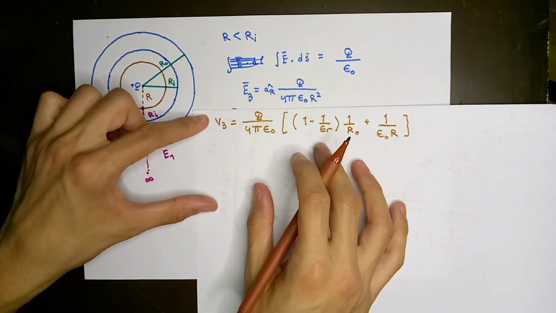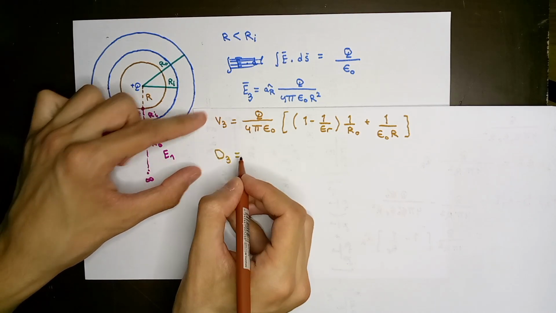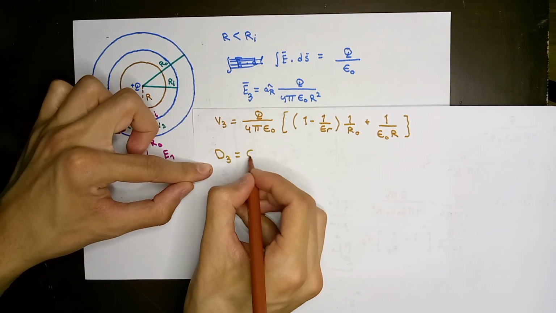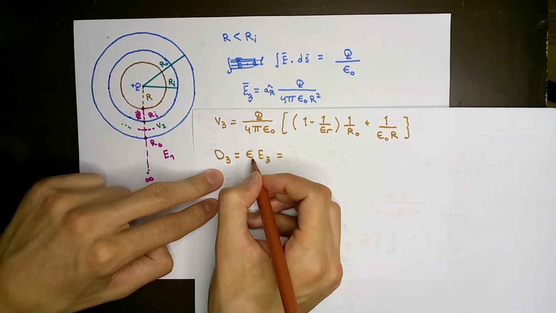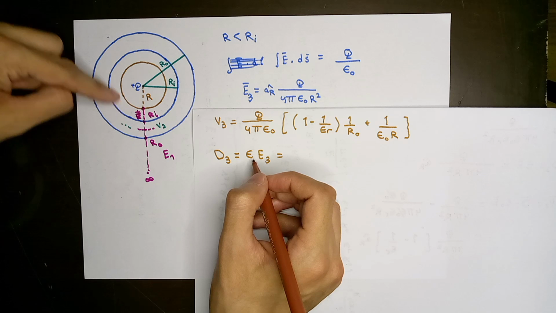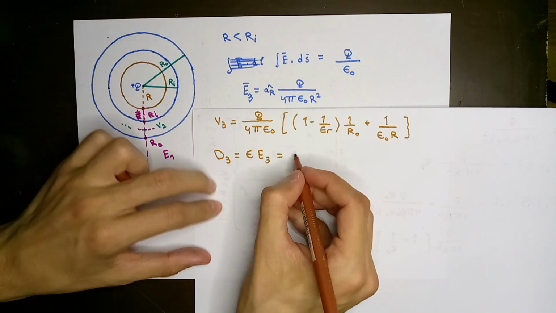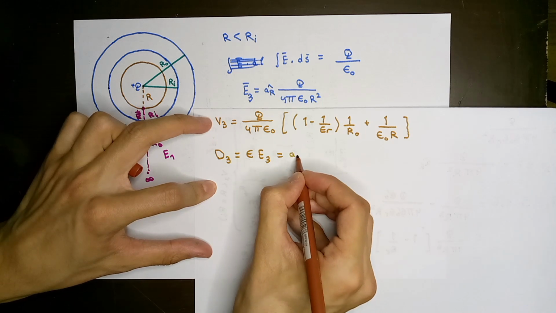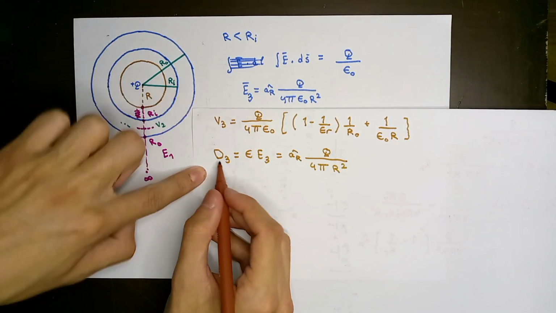Now let's find the other parameters. The electric displacement D3 in this region is equal to epsilon times E3, and epsilon in this case is only the permittivity of free space. The relative permittivity is equal to 1. Now let's find the polarization in this region.